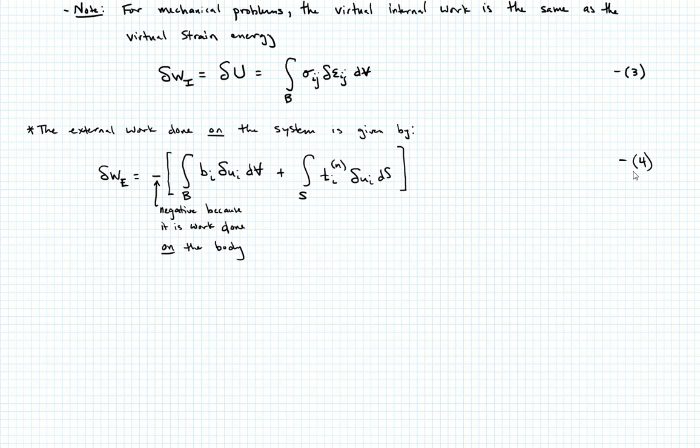We're going to substitute 3 and 4 into equation 2. And then we're able to write delta W, the virtual work, is going to be equal to 0.